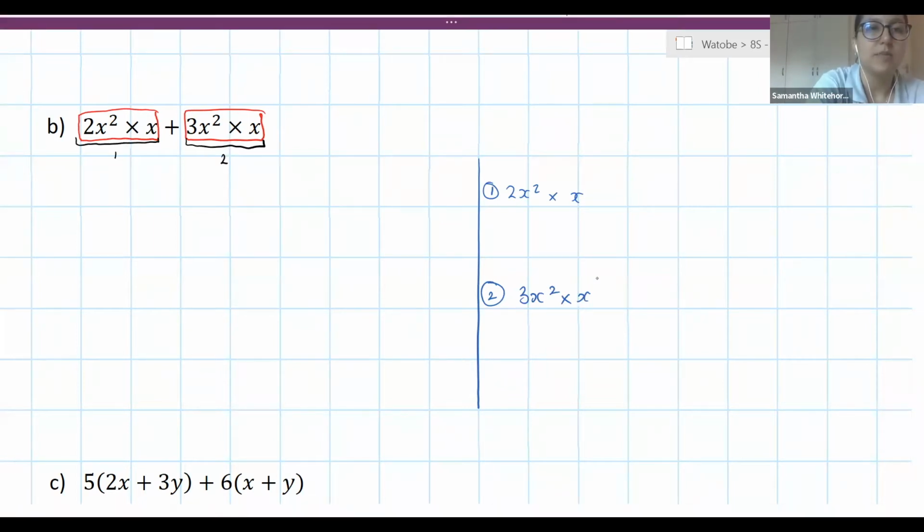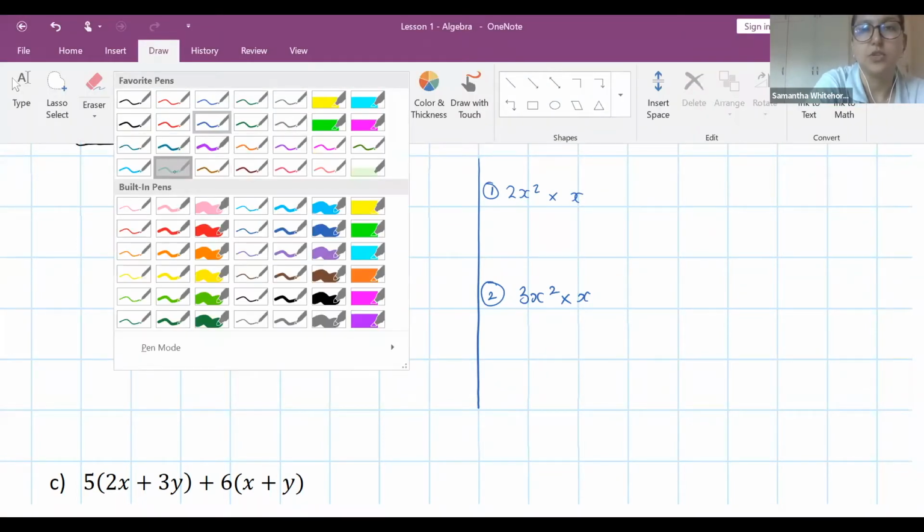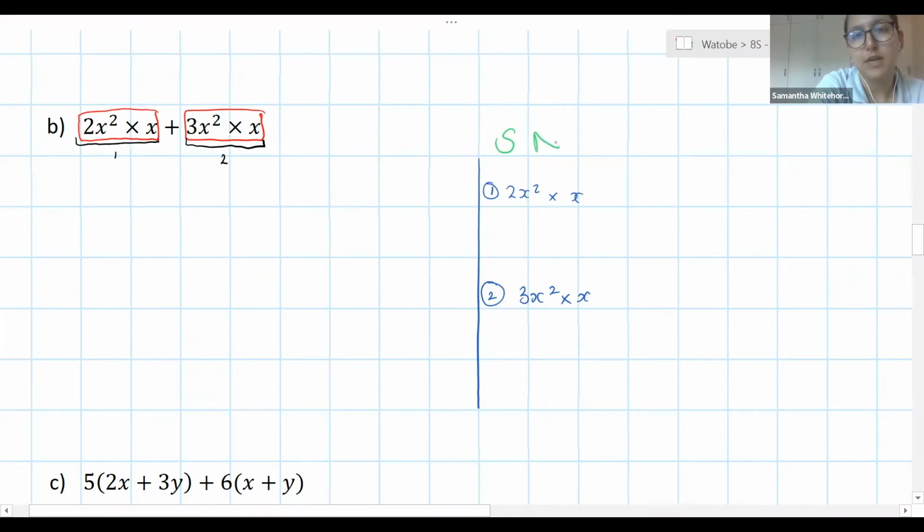Now, some of you might remember S and V. This is a little trick to remember how to multiply correctly. So we start by dealing with the signs, then we move on to the numbers, and then we move on to the variables. And now this is where we need to be careful.